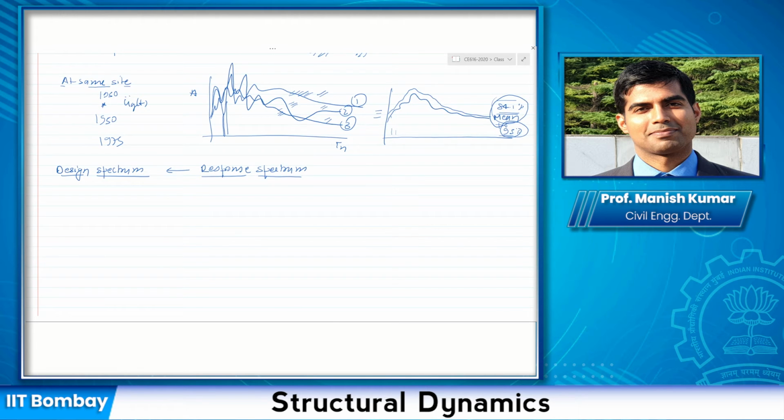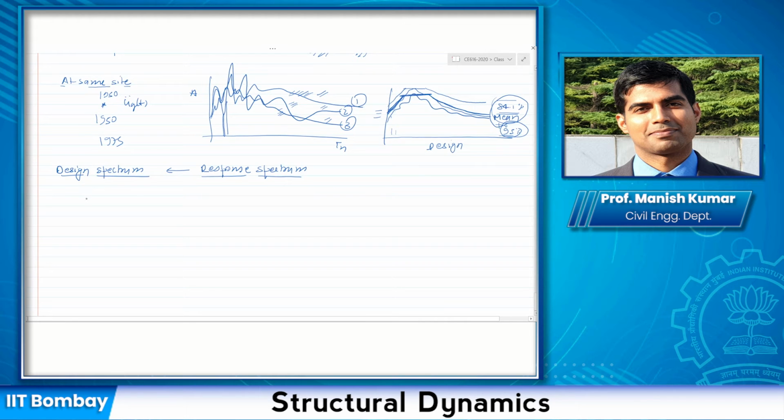So as a designer, we first take the mean of all such ground motions and then we try to develop a response spectrum which is smoother. Okay, something like this. And if you want, you can take the higher value so that all values are within this, something like this. So that's how we develop the design spectrum.